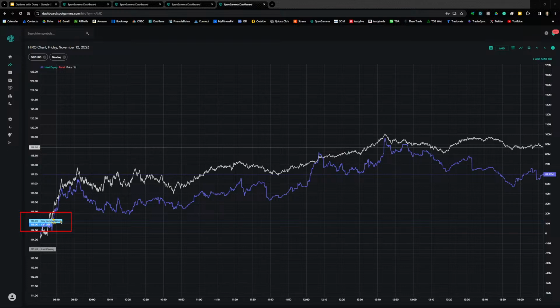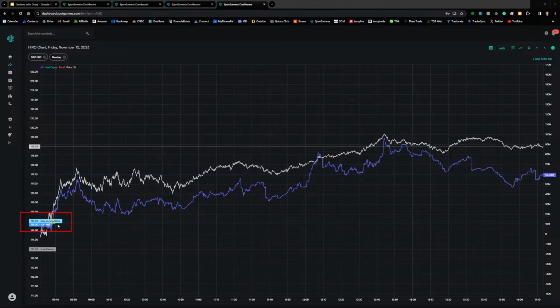So those calls go deeper in the money. Market makers are short those calls at 150. They go deeper in the money, their delta increases, and they have to buy stock to hedge their delta exposure.